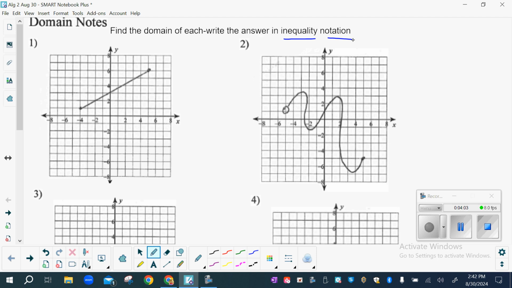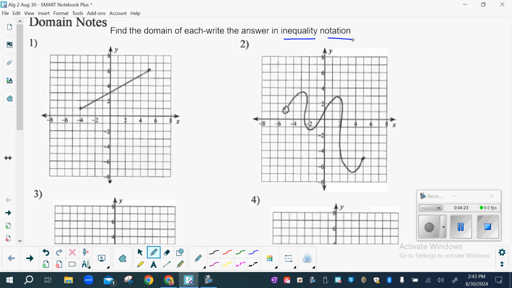So are there a finite number of points between here and here? There's not, because we have all the decimals there also. So we have an infinite number of points in between -4 and 4. So when we name our domain, it's going to be on an interval.